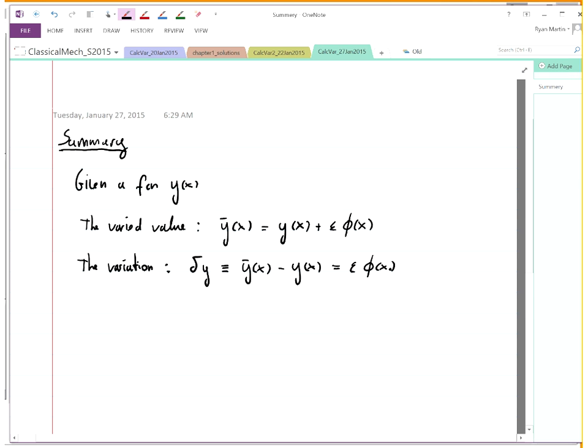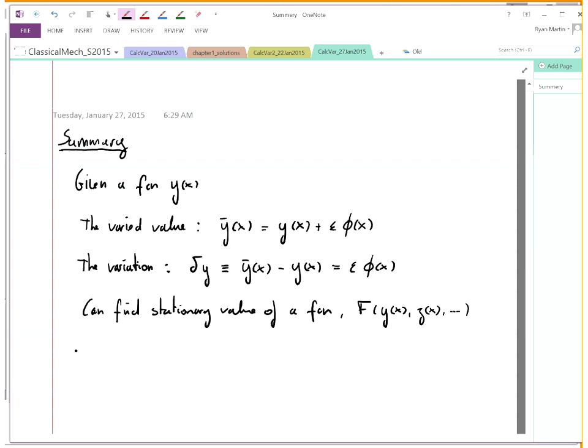Okay. So after that, we found that if we wanted to find the stationary value of a function F, where this capital F may depend on more than one function of x, the stationary value can be found by requiring that delta of the function is equal to 0.